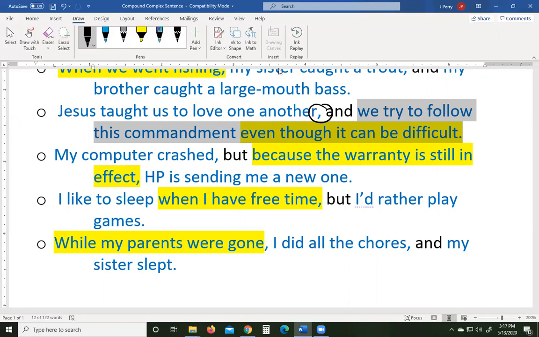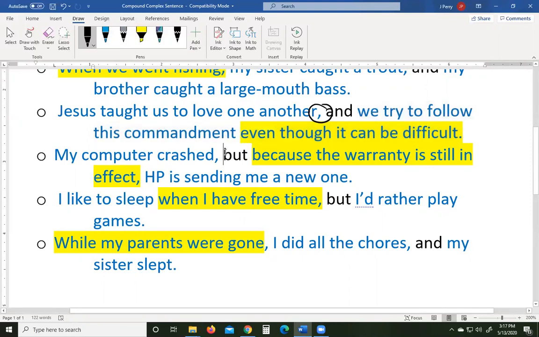So our next pattern: My computer crashed, but because the warranty is still in effect, HP is sending me a new one. This arrangement is independent clause, coordinating conjunction, dependent clause, independent clause.